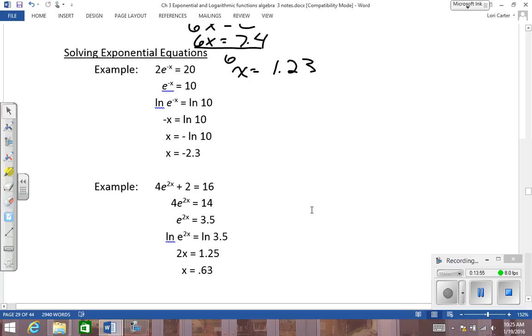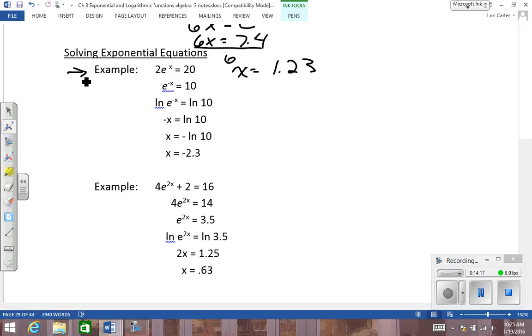Okay, first step. It's easy. I'll divide by 4. So we got 2 e to the negative x equals 20. We're solving for x. It's an exponent again.